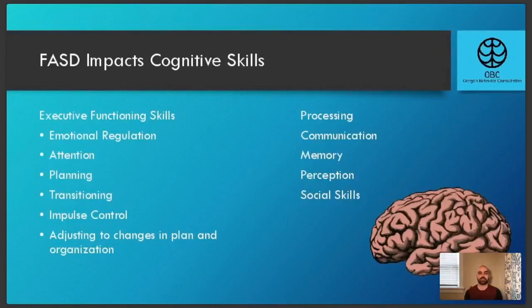So things like attention, planning, transitioning, impulse control, and a big one is emotional regulation. And most of those skills for a kid or an adult with FASD have been impacted. Now, that doesn't mean that those skills will always be at a deficit. Many of those skills can improve so long as a person can practice them successfully, and that's what we're going to be talking about today.